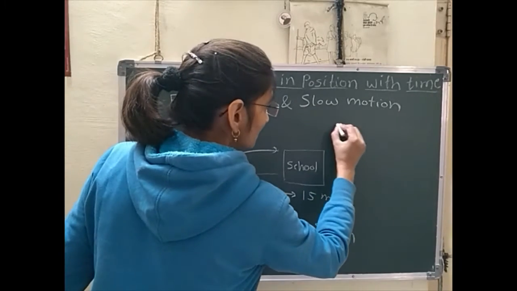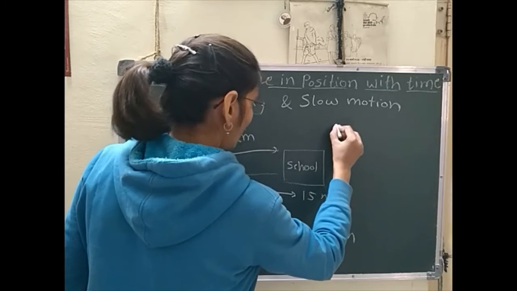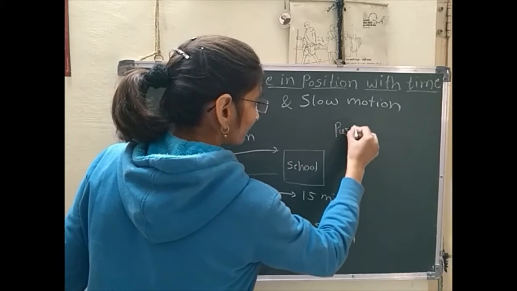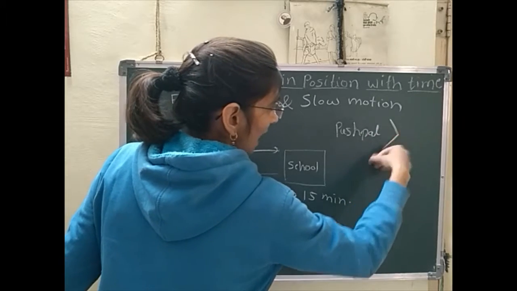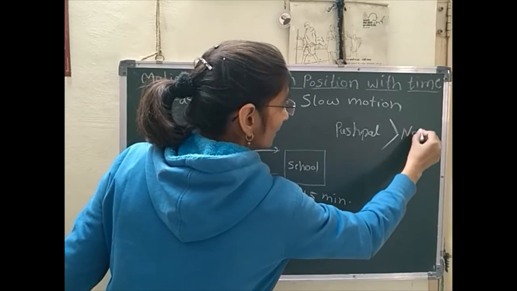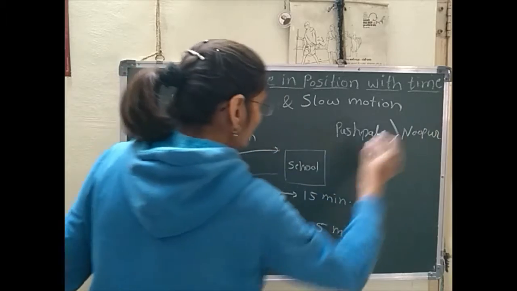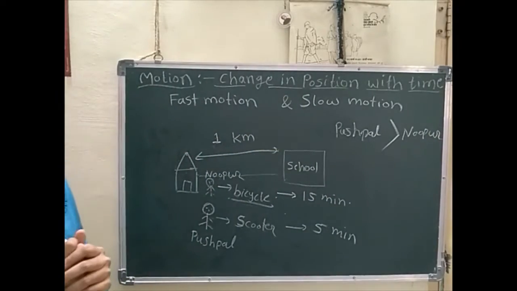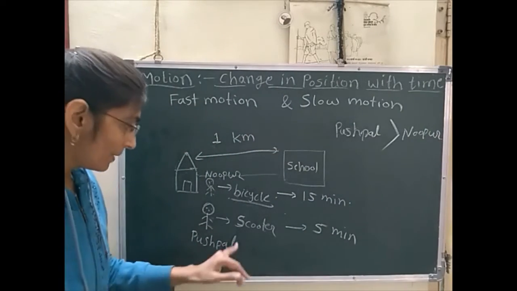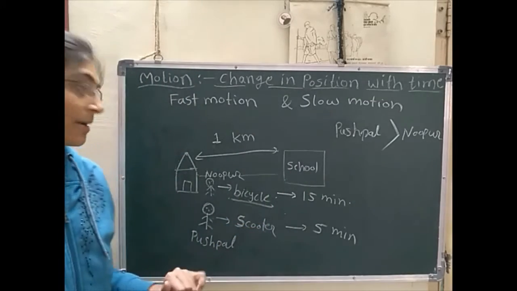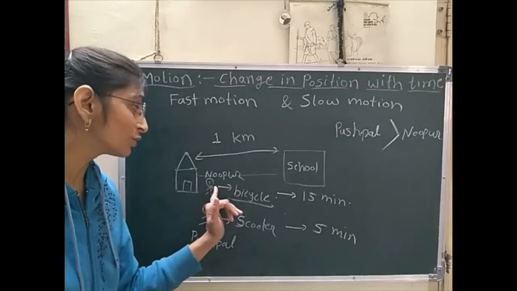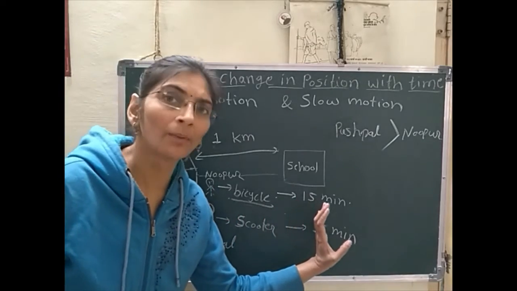So Pushpal has more speed than Nupur. How can we define that her speed is more? Because the same distance she traveled within less time, and the same distance Nupur traveled within more time.